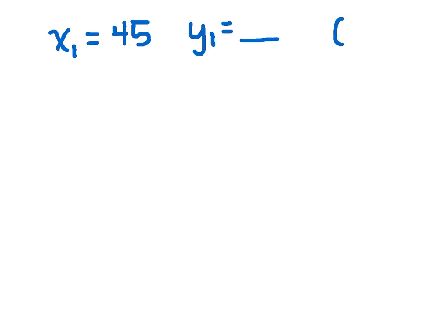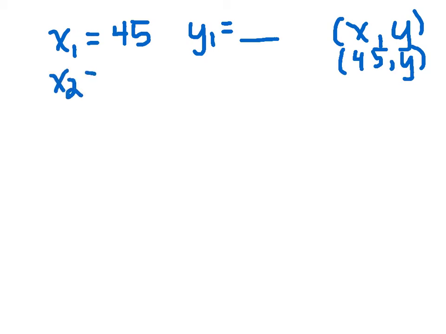They might say to you, x sub 1 is equal to 45, and y sub 1, we don't know. All these sub 1s mean is that we're talking about this ordered pair x, y, where x is 45, and we don't know what y is. And then it will also tell you x sub 2 is equal to 60, and y sub 2 is equal to 100.